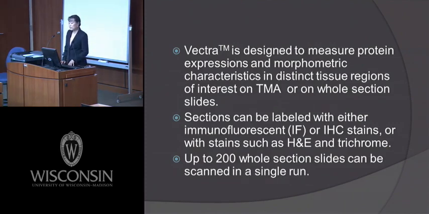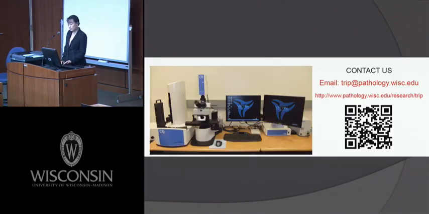Vectra is designed to measure protein expressions and morphometric characteristics in distinct tissue regions of interest on TMA or on whole section slides. Sections can be labeled with either immunofluorescence or conventional IHC stains, or with stains such as H&E and trichrome. Up to 200 whole section slides can be scanned in a single run.